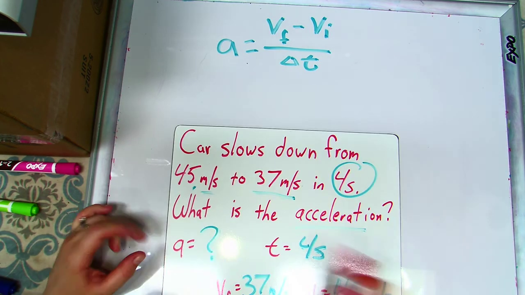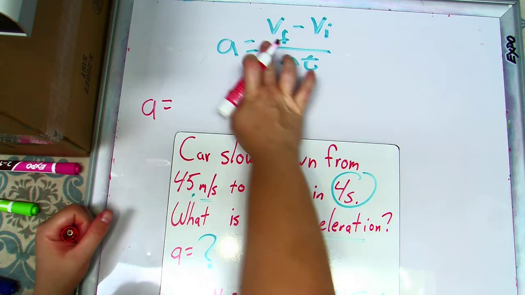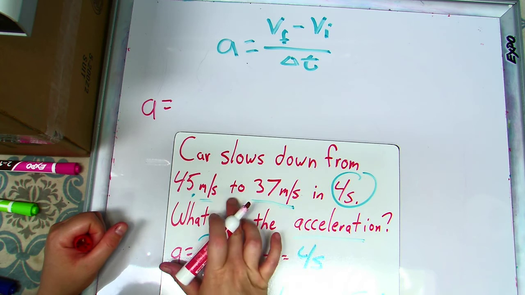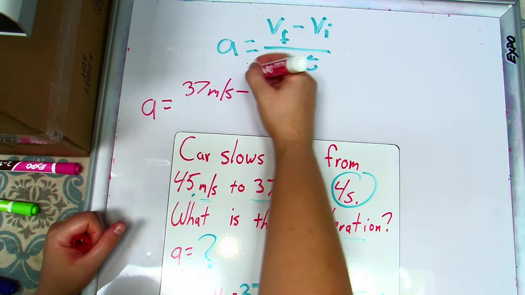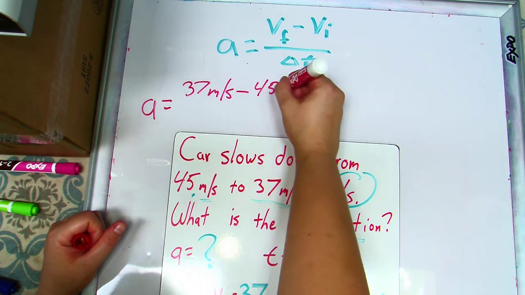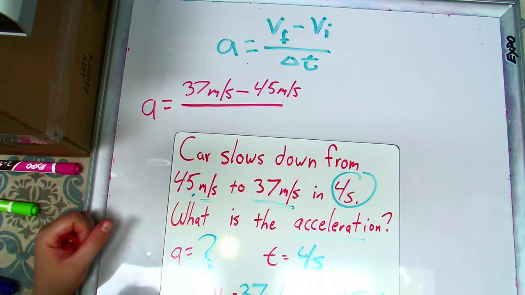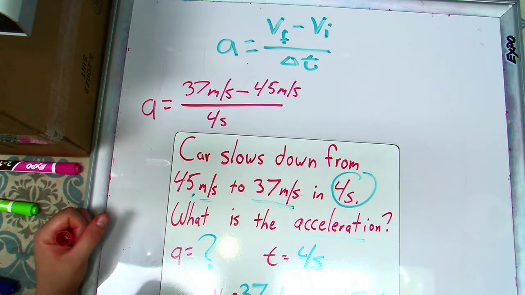So we're going to plug this in. We know acceleration equals final minus initial. So the final minus the initial is 37 meters per second minus 45 meters per second. And we're going to divide that by the time, which is 4 seconds.